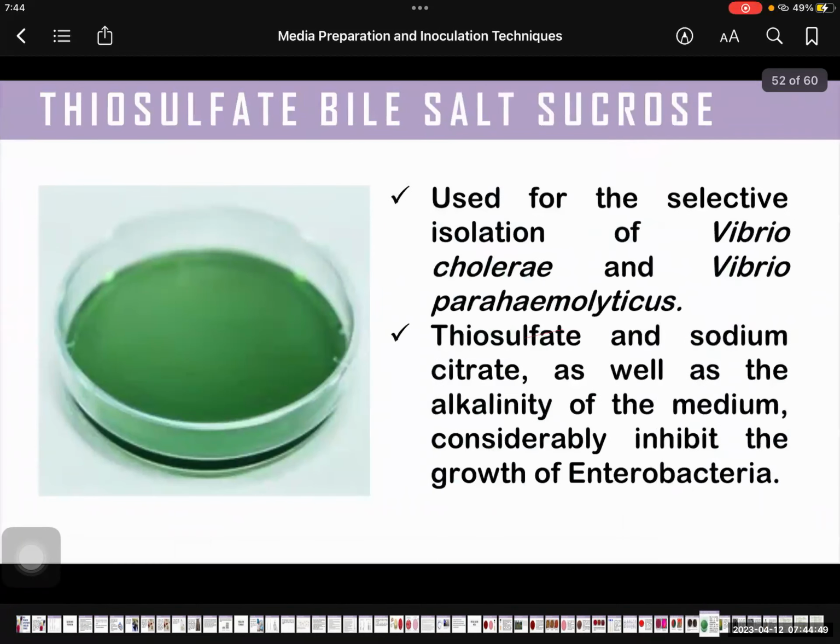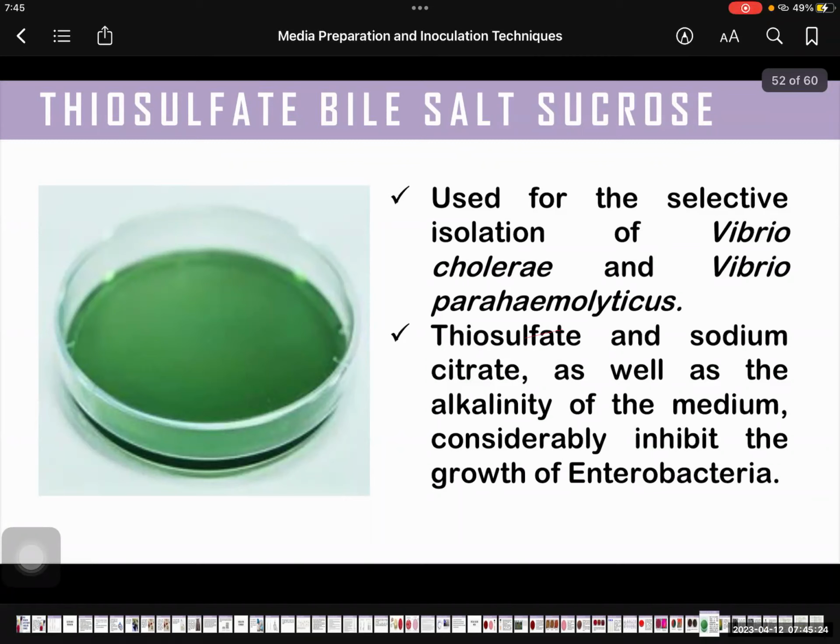And you have TCBS, or thiosulfate citrate bile salt sucrose, and this is for the isolation. It's a very selective medium for the isolation of Vibrio cholerae because of the presence of thiosulfate, bile, and sucrose. Kasi bile inhibits the growth of most organisms, and it has thiosulfate and sodium citrate that maintains the alkalinity of the medium.